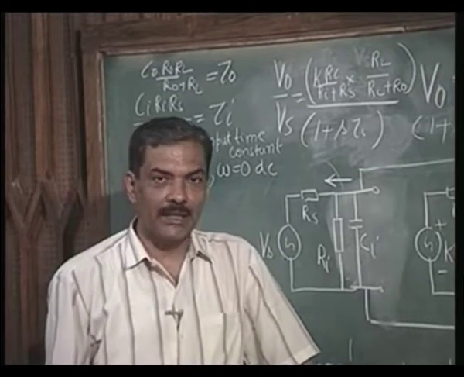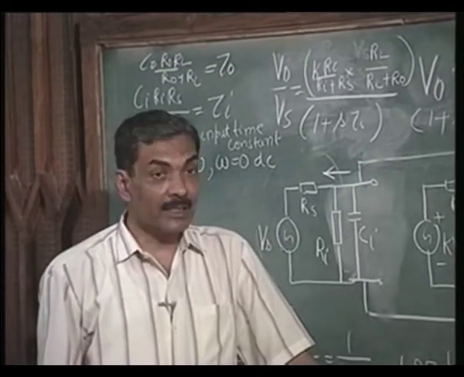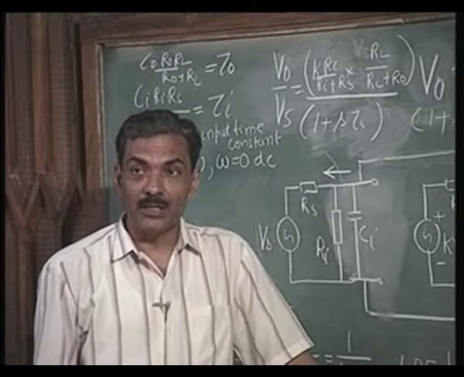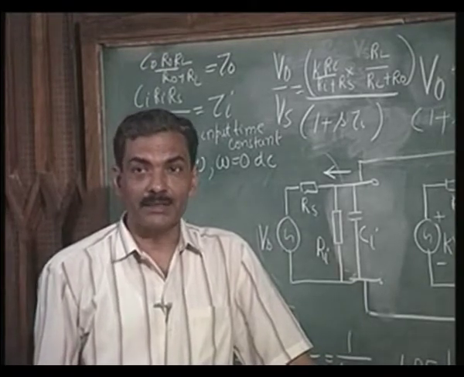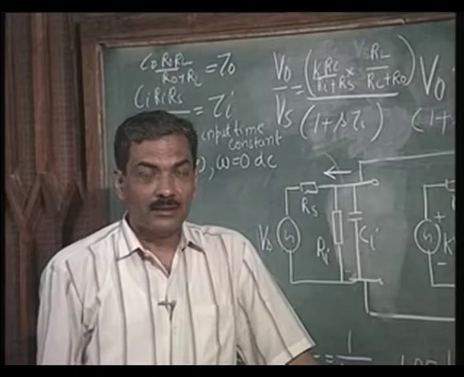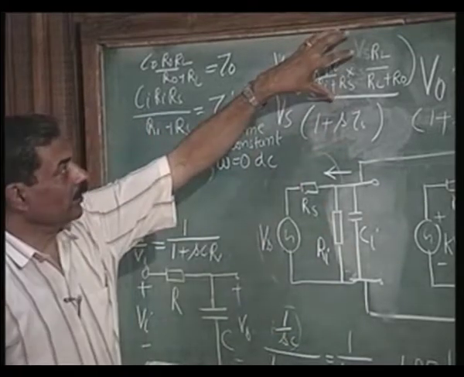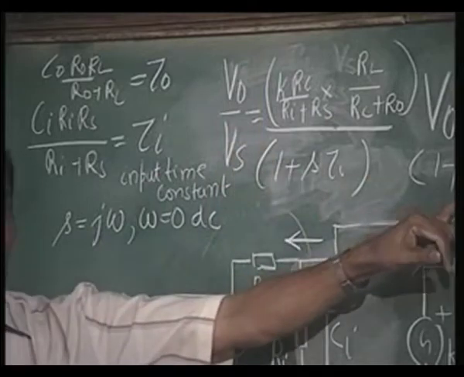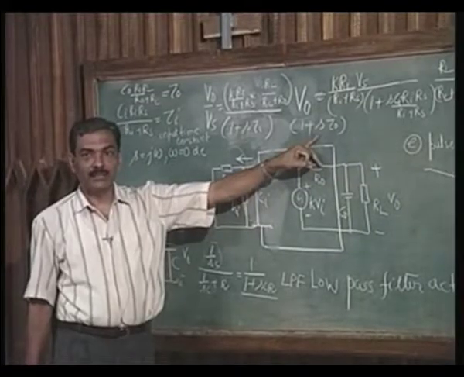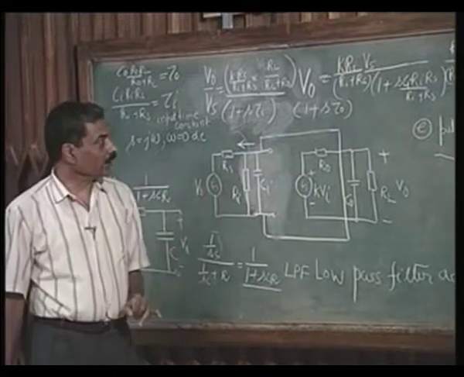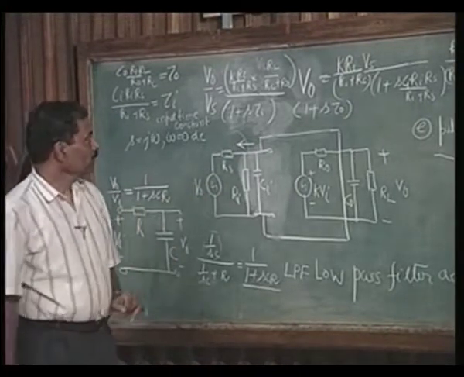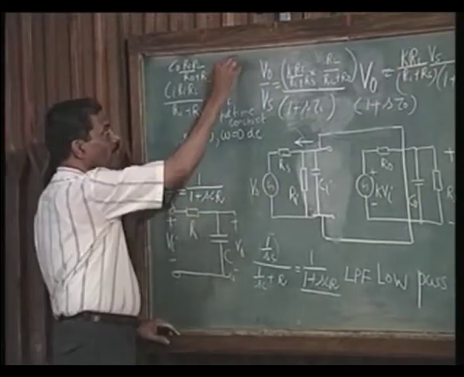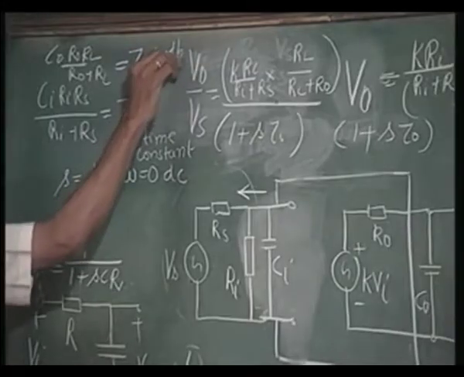Input time constant and output time constant bring about degradation in performance of the amplifier at higher frequencies. This gain is the low frequency gain, and these are the high frequency attenuation factors, tau I and tau naught. So tau naught is the output time constant.